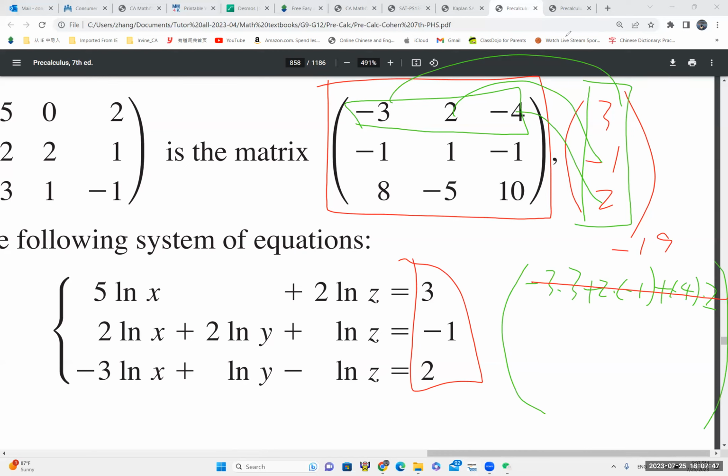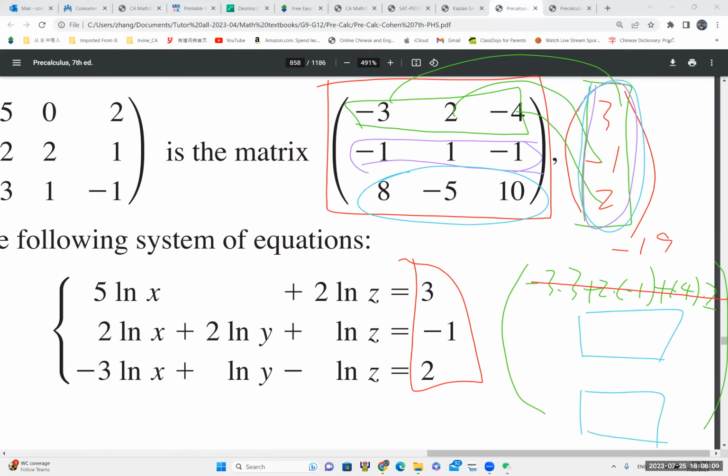Then let me use a different color. Neil, could you do this? Use this, multiply this, corresponding. Then Ray, do this, also multiply this. So Neil gets the answer here, Ray gets the answer here. Can you?